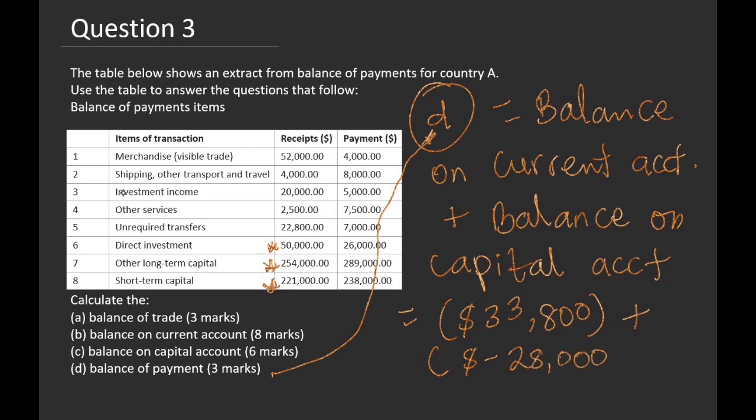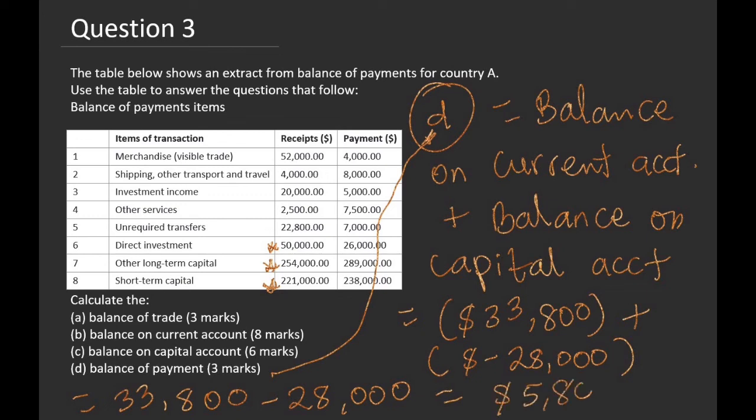Remember what we got when we calculated this. Plus and minus is minus, so 33,800 plus the negative in the capital account, negative 28,000. So the final answer will be $5,800.